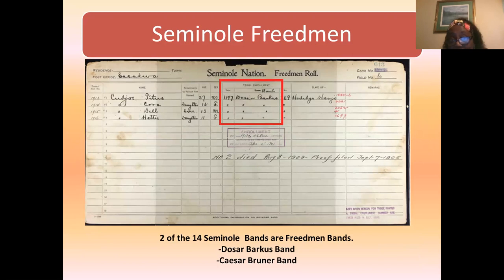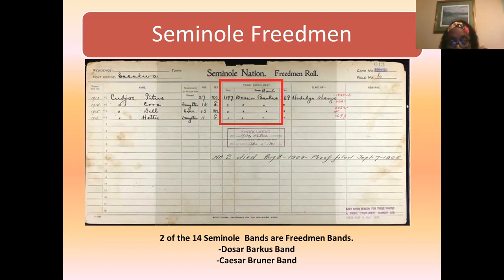In this particular case, Titus Cudjoe was on a roll of members in 1897 who are part of the Dosar Barkus Band. Others you will find who are on the Caesar Bruner Band. And it'll tell you what particular year. That would be the year that they used to reference to confirm that this person had a tie to the nation.